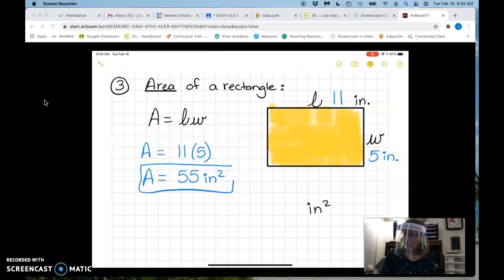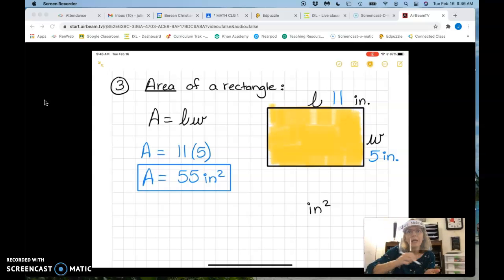So the area of this rectangle is 55 inches squared. What was the perimeter from the last problem? Oh, 32 inches. So the area seems like it's taking up more space just because we're measuring the inside of it and not just the edge of it.